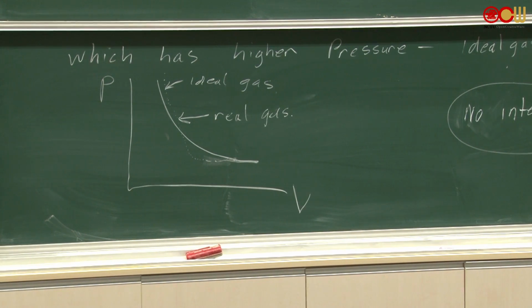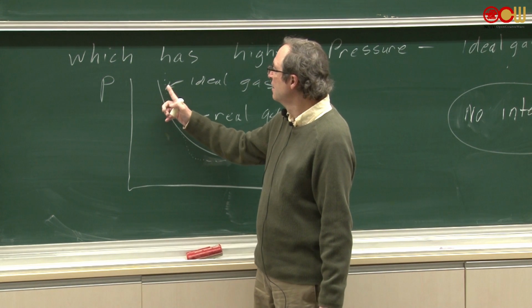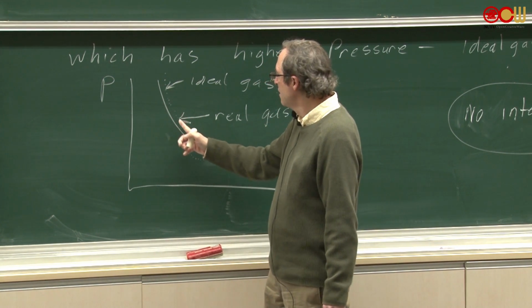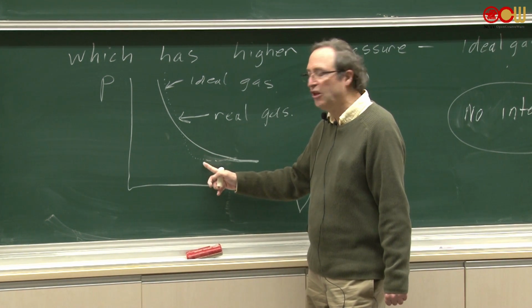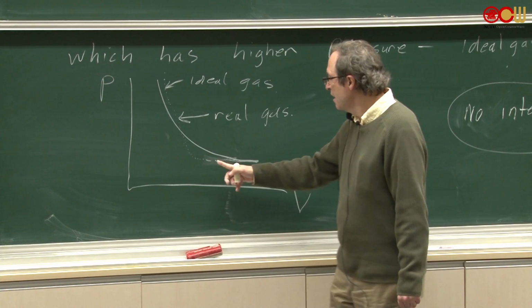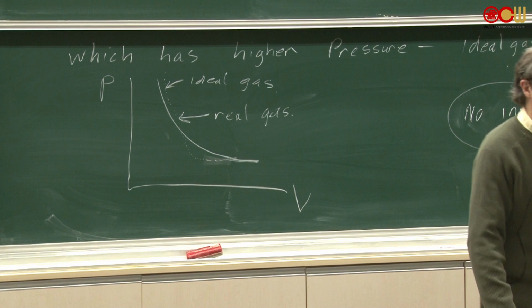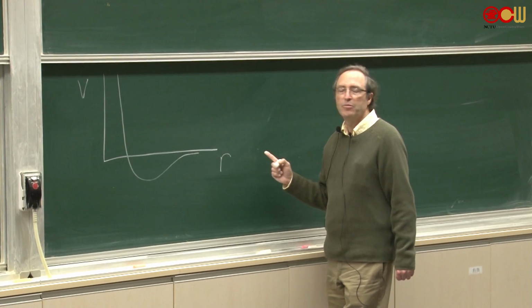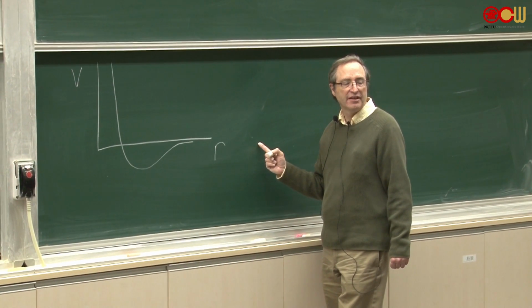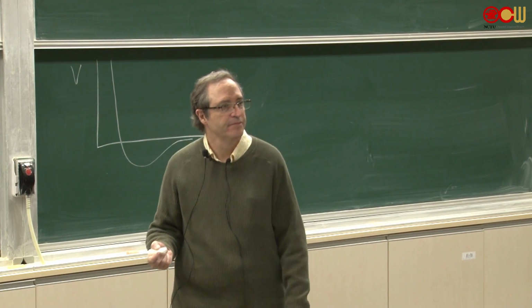So at very low volumes, which is high density, the pressure is higher. Then at medium volumes, the pressure gets lower than the ideal gas. And then at very large volumes, they're the same. Because at very large volumes, you're out here, and the potential is essentially zero, just like the ideal gas. Everybody see that?